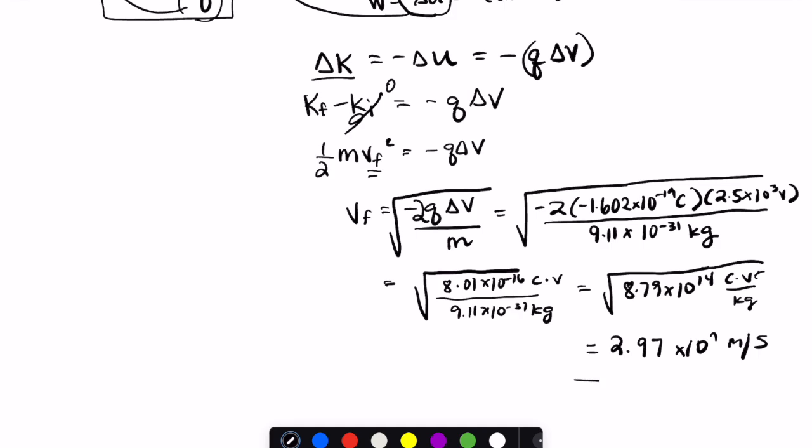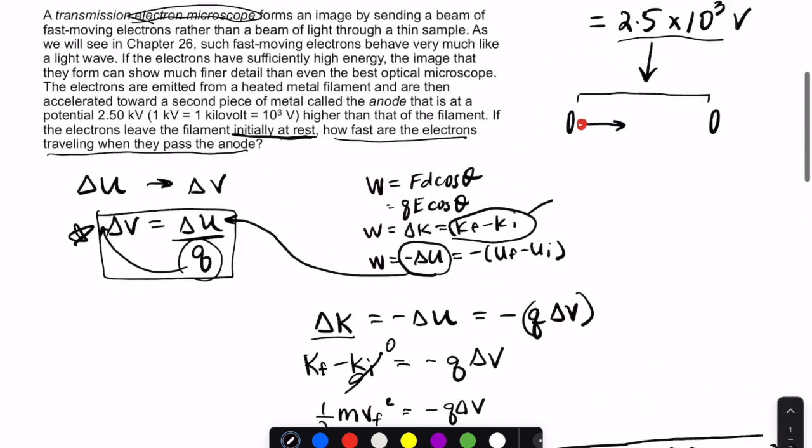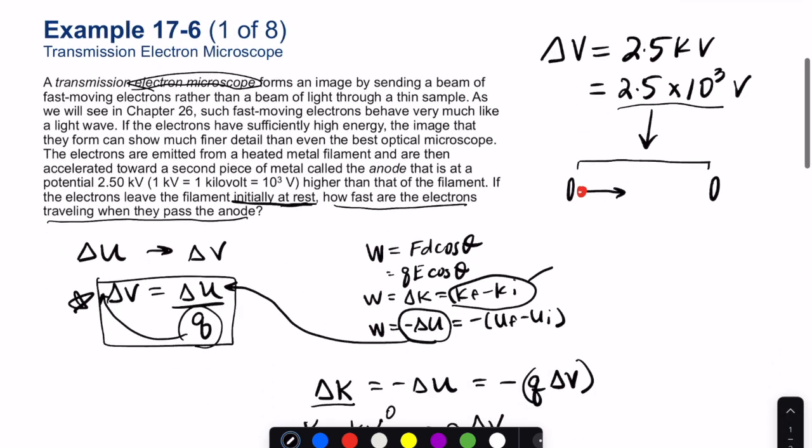So all in all, this is a type of example that is a lot like a word problem. It gives you a lot of extra information, and all you really need from it is very little.